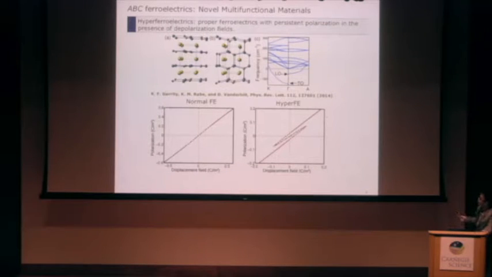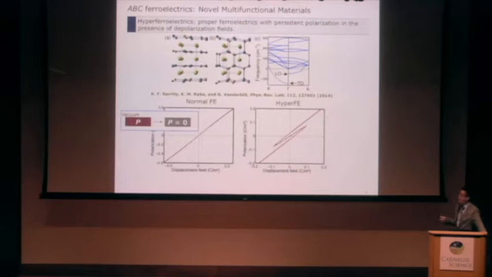I think this figure illustrates the difference. For normal ferroelectrics, this is the polarization as a function of displacement field. As you can see, this line crosses the zero point. What's happening is that when you put a slab of ferroelectric material in vacuum, the depolarization field coming from the surface charges will kill the ferroelectricity. So under this very ideal open-circuit condition, a ferroelectric thin film will be non-polar.